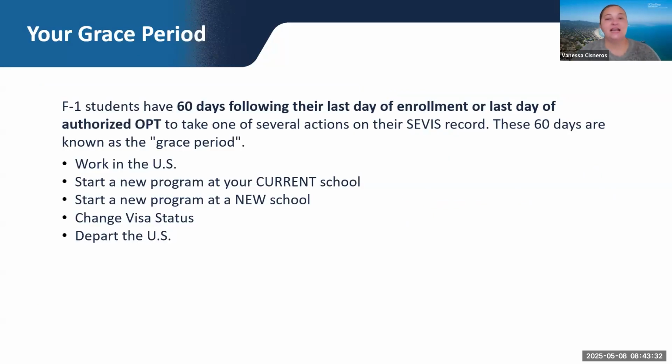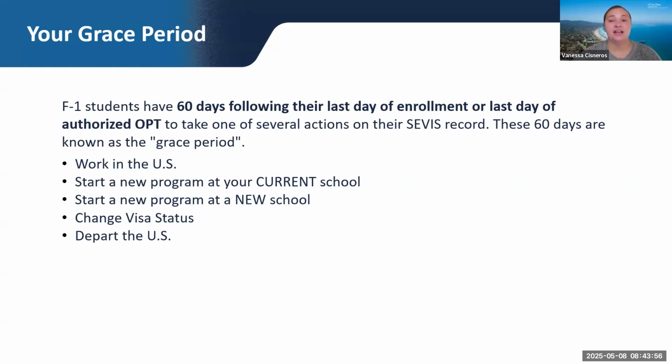Now that we've discussed how to locate your program end date, let's talk about the 60-day grace period. Remember that the start and end of your grace period is determined by your actual program end date. In the 60 days following either your last day of enrollment or your last day of authorized OPT, you must take action on your SEVIS record.